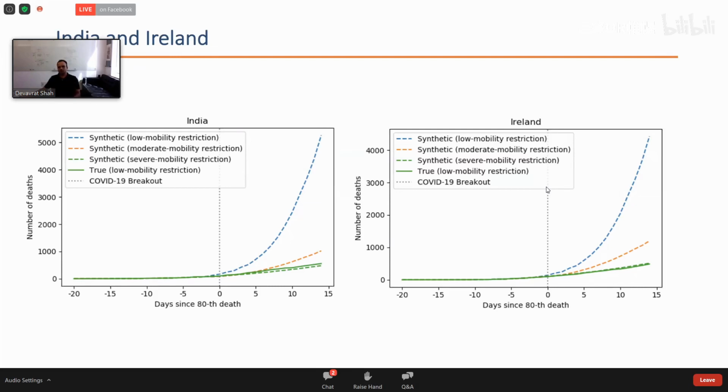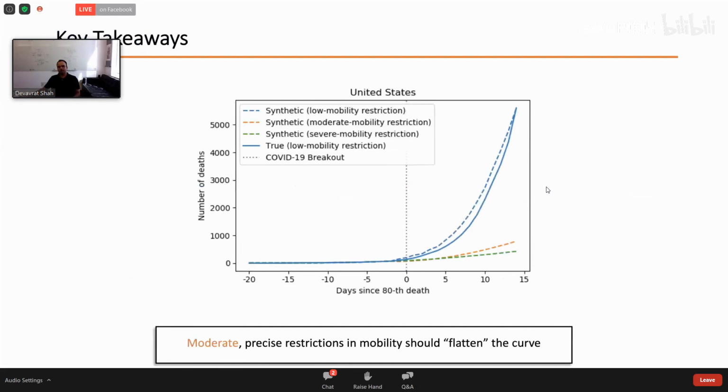Okay. So in short, if you are at day 0 and back to United States, maybe one takeaway would be that instead of severe lockdown or low mobility restriction or nothing, maybe moderate mobility restriction with careful restriction at the right places, such as retail places and transit places, could lead to flattening the curve.